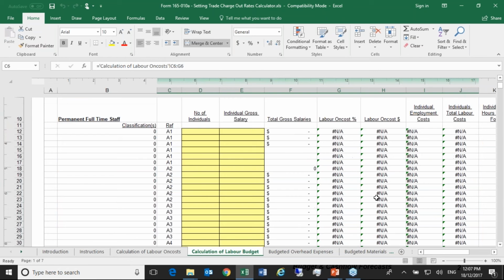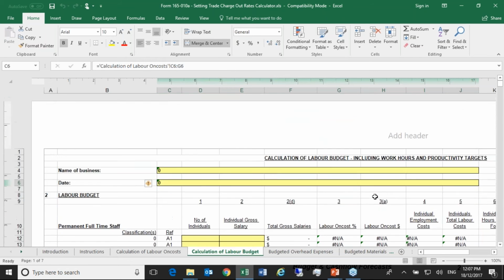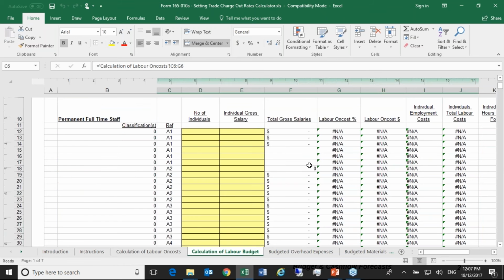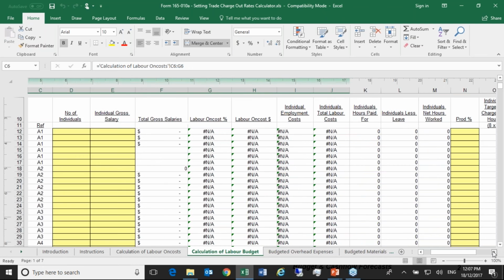The calculation of labour budget is similar, but there are variations, because in a labour budget for a trades business, the details of the full-time staff will come through, the permanent staff, number of individuals, gross salaries. Those calculations will be made.